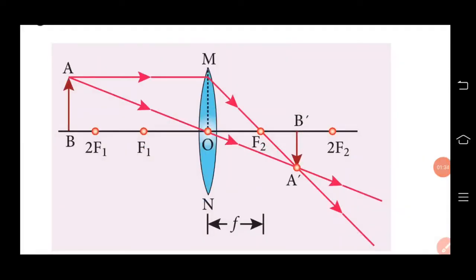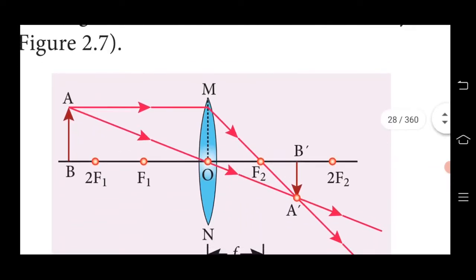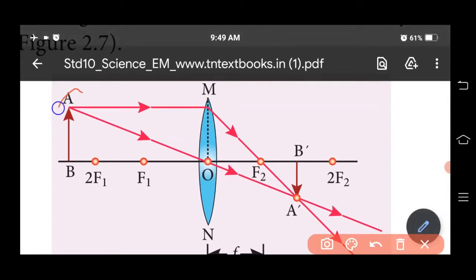Students, this is the second condition, when the object is placed beyond C. Here A and B are the object, and it is placed beyond C. This is C, 2F1 is C. So the object is placed beyond C. We are going to follow the two rules.